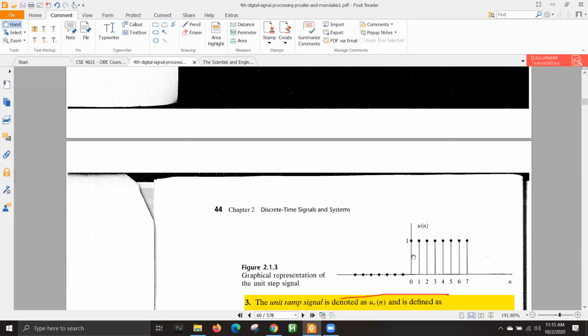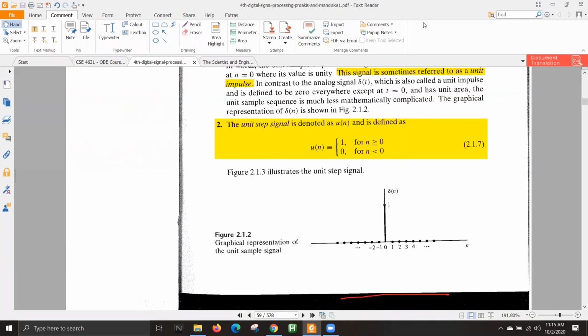That means after a particular value, all the values are 1. If you look at the functional representation, the signal is 1 for all n greater than something. In this case, since it is normalized, we are centering it, so from 0 and onwards, all values are 1.